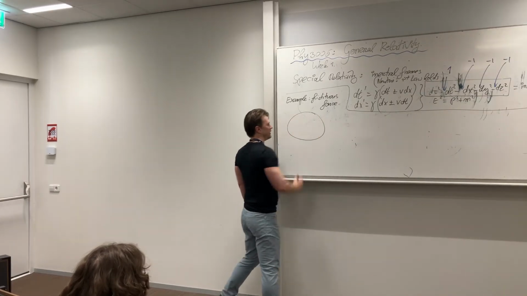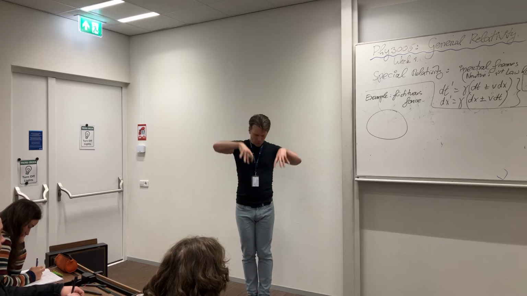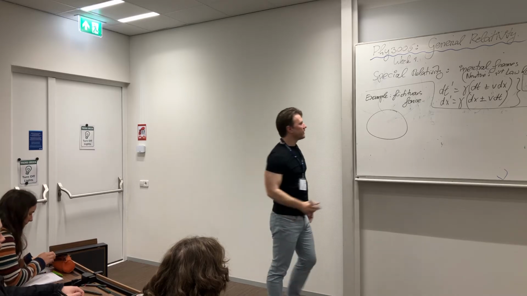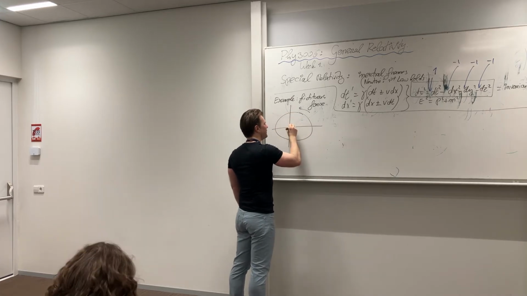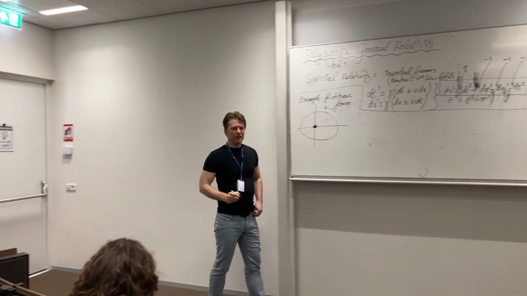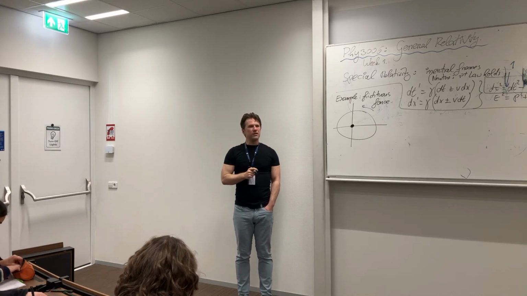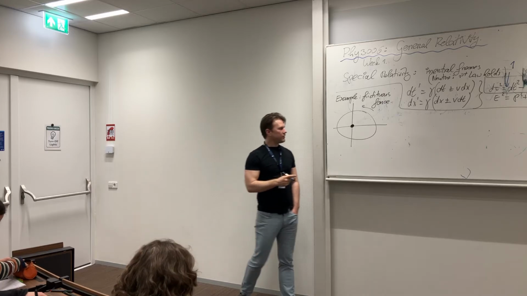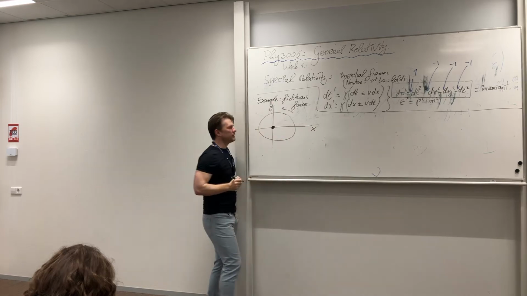So here's my disk, seen from above. You're looking down on this spinning disk. It's spinning in that direction or so. And let's say that it spins around this axis here. I'm going to take two reference frames. One of them is bolted down to the floor. That's in black.